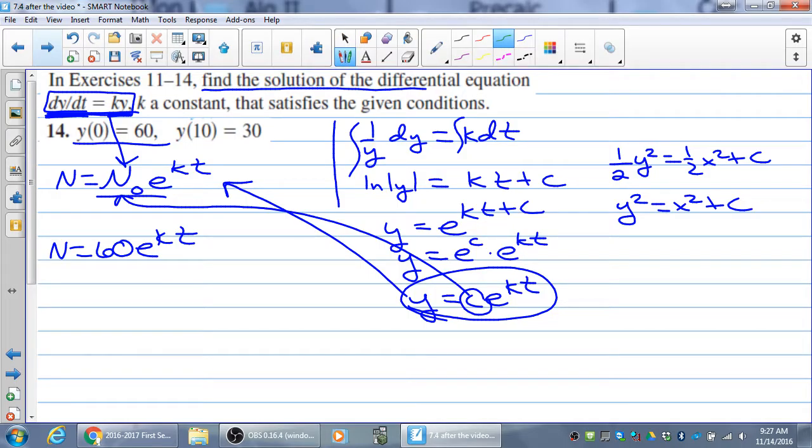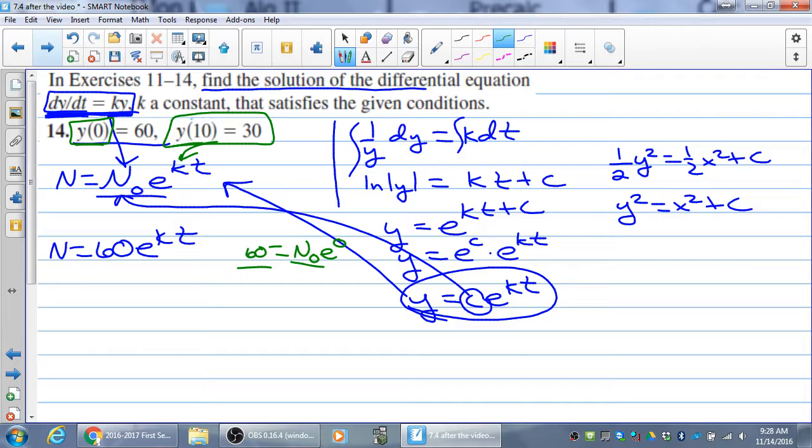Well, if we plug 60 in for N, and we plug 0 in for t, we get N naught e to the 0. Well, e to the 0 is 1. So it turns out N naught is 60. And that'll happen every time when they give you y of 0 or x of 0 or t of 0, whatever. But now they have to give us another point to find k.